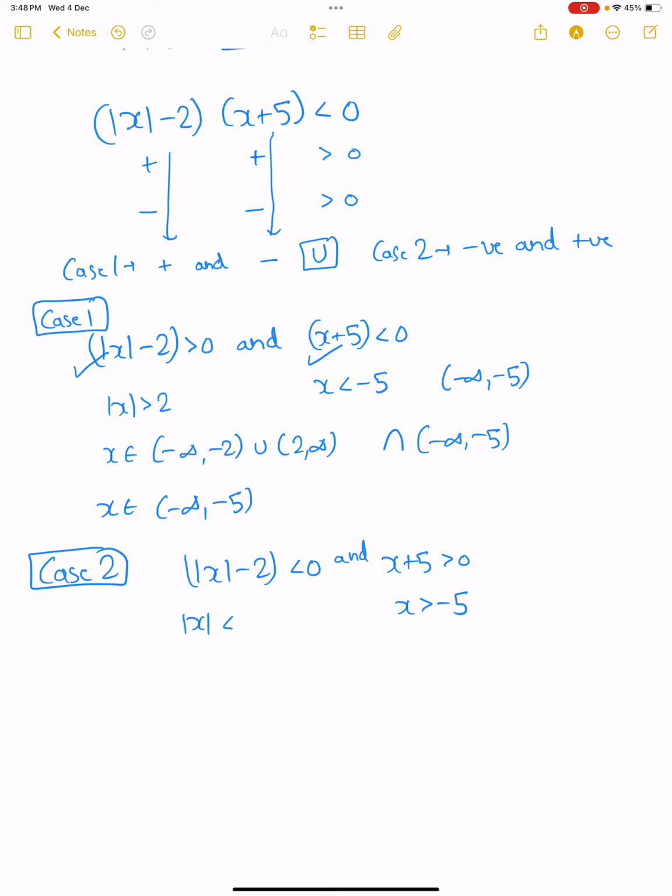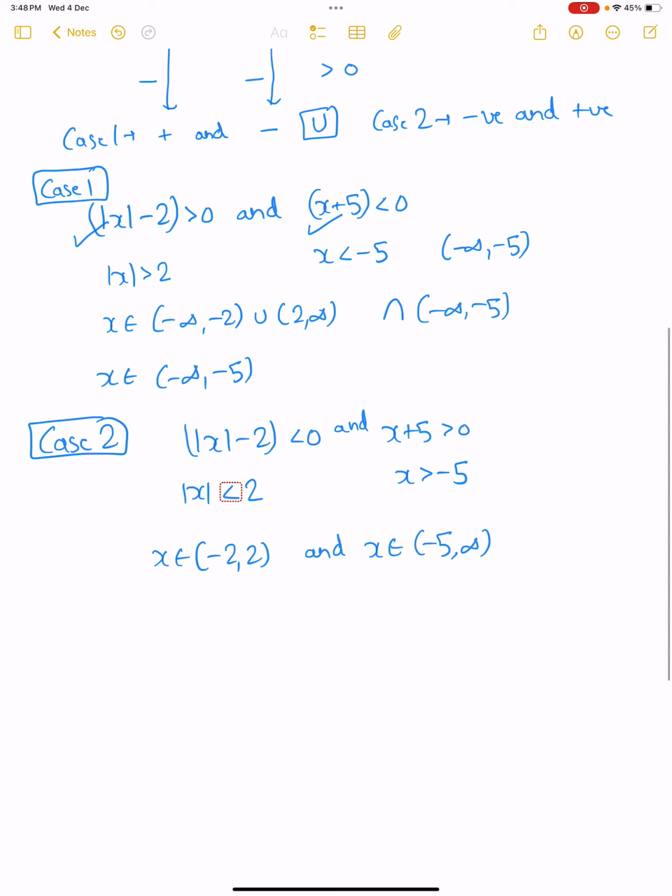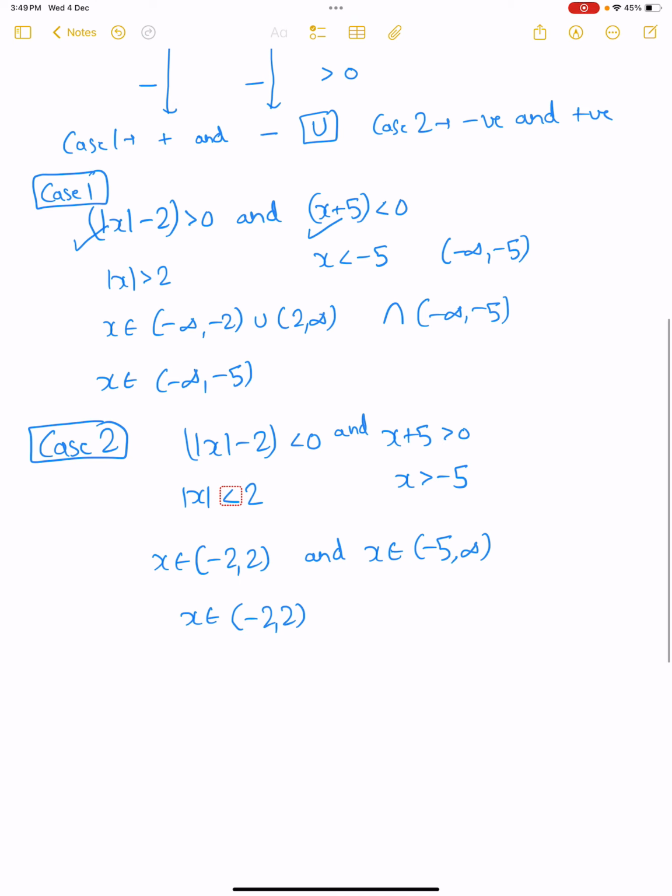This means mod x should be less than 2, which happens when x belongs to the range minus 2 to 2. And x belongs to the range greater than minus 5, so minus 5 to infinity. If we take an intersection of this, the final range would be minus 2 to 2, and these are exclusive.